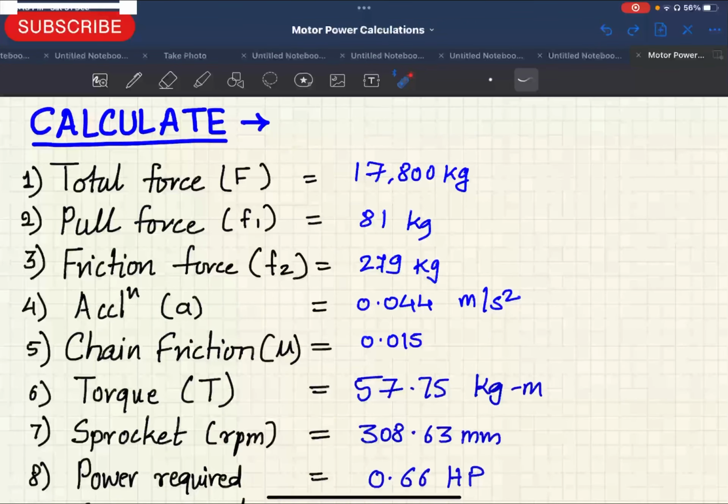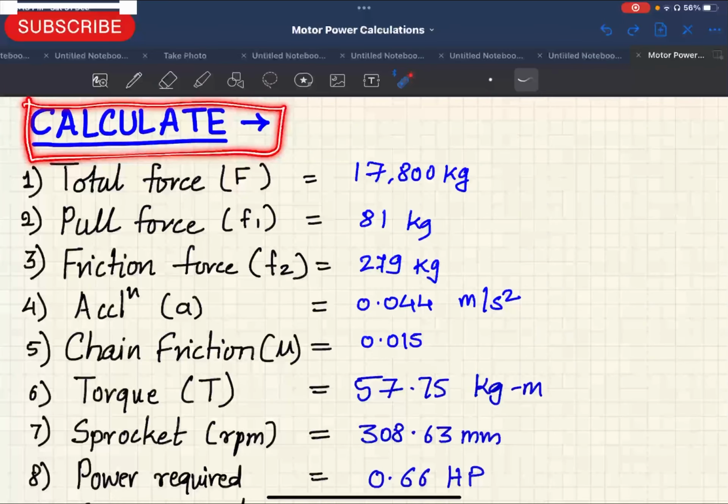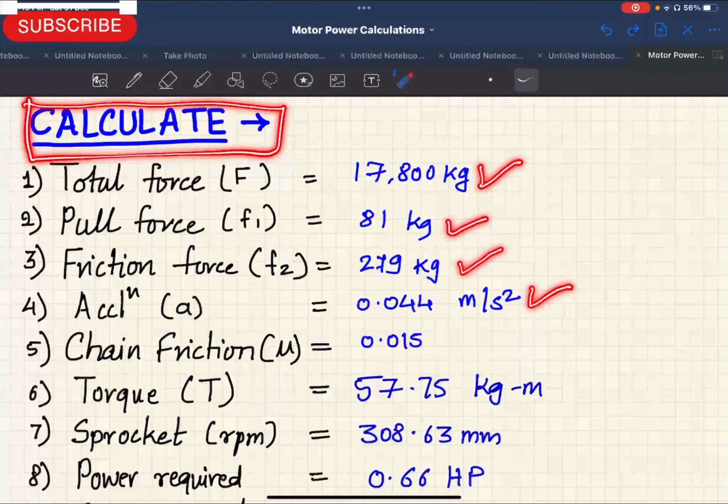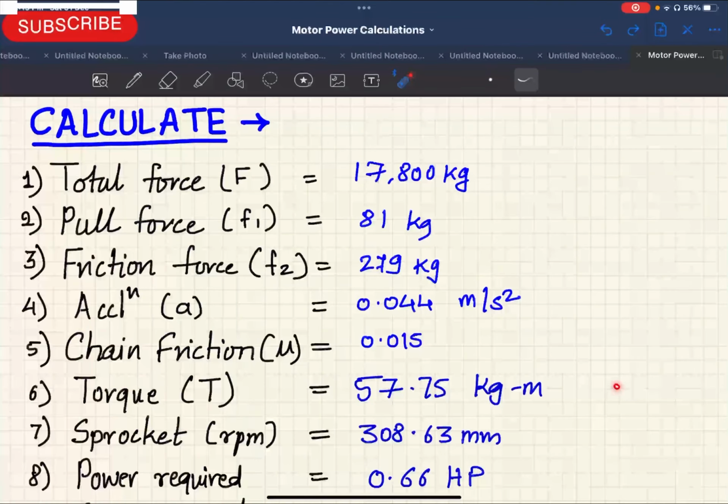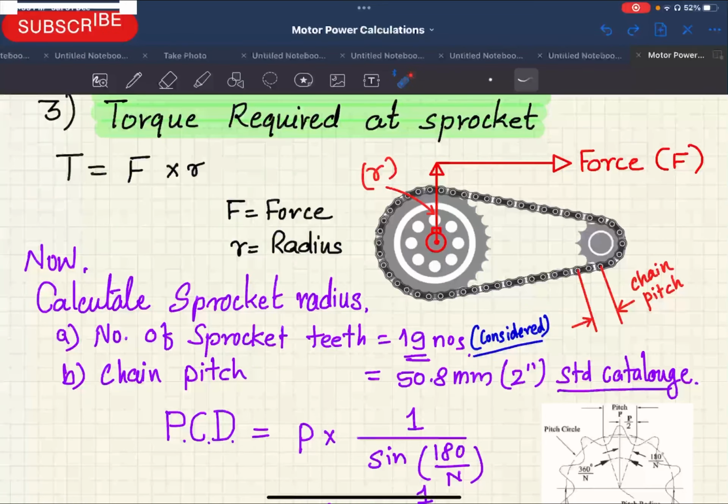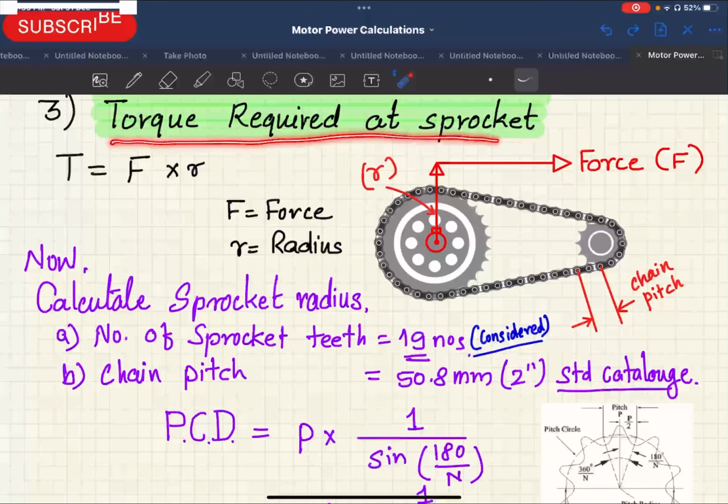So till now, guys, we have seen how to calculate total force, pull force, friction force, acceleration and chain friction, which is mu. Now we will see how to calculate torque. So now calculate the required torque at the sprocket.